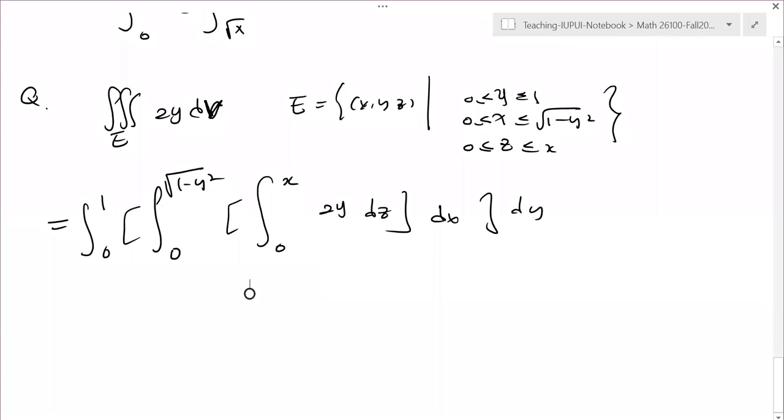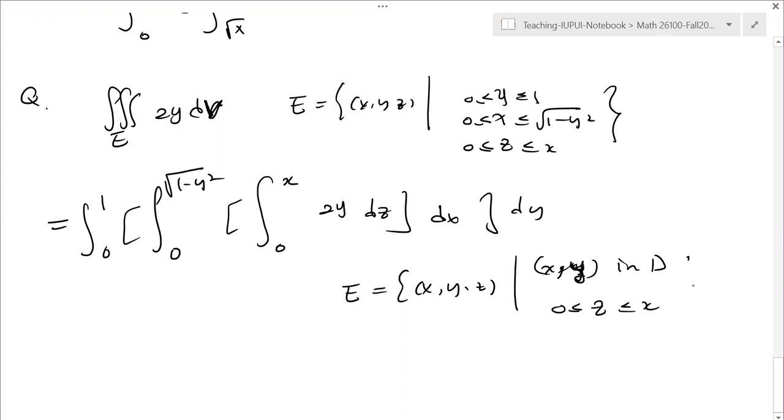And you can also describe E in a different way. You can also describe E in several ways. For example, I can describe it in the following way: for x and y in D, and for each x and y in D, z is between 0 and x.